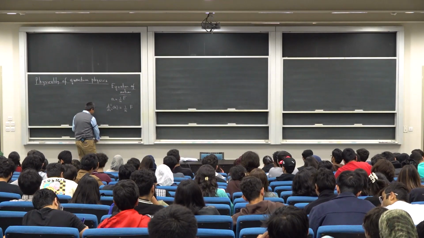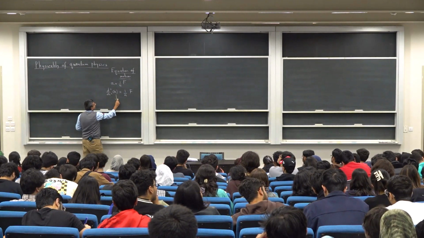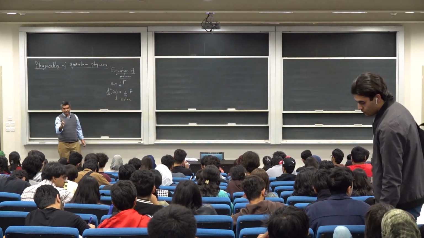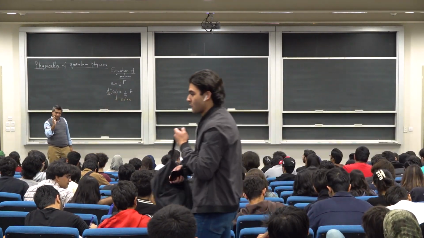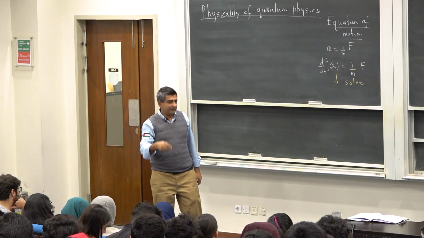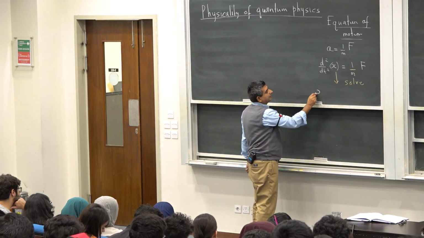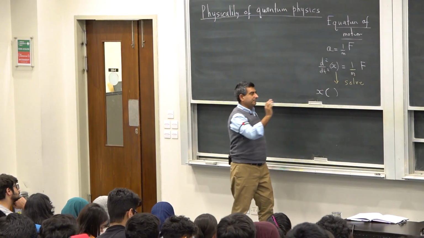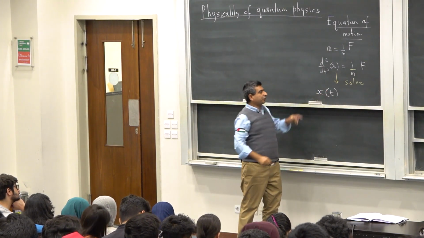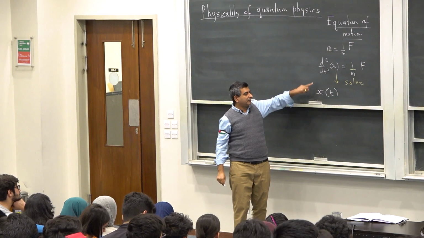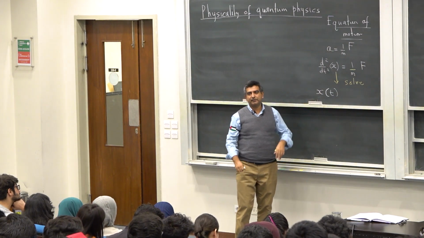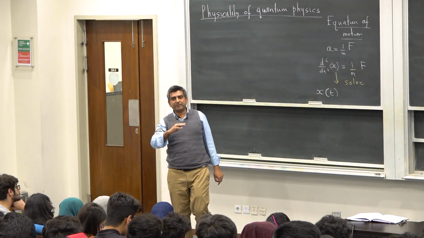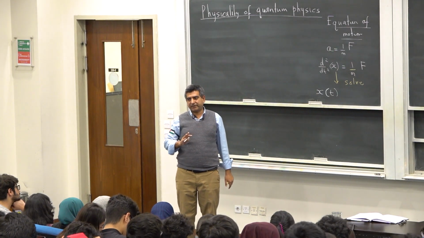So the act of solving this differential equation yields or produces an x, and that x is a function of time. So this is your equation of motion, whereas this is the solution to the equation of motion. So you must have recourse to some technique to solve this differential equation.